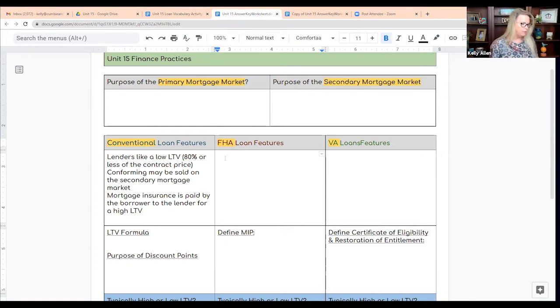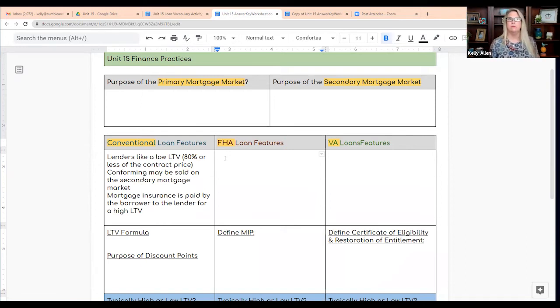This loan program is operated by the Federal Housing Authority under the Department of Housing and Urban Development. And the purpose of an FHA loan is to make home ownership more accessible. Remember, this was the brainchild of President Franklin Delano Roosevelt when he was trying to get the country to recover from the Great Depression. Really fascinating history right there.